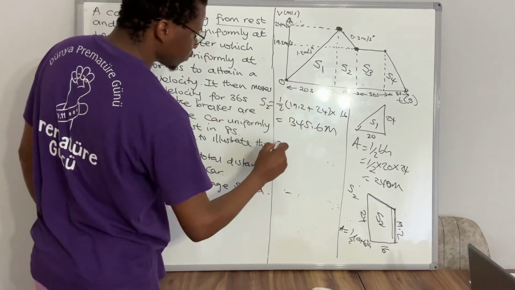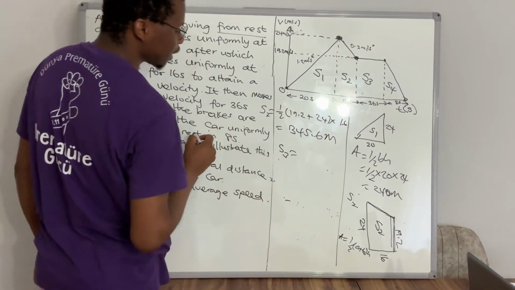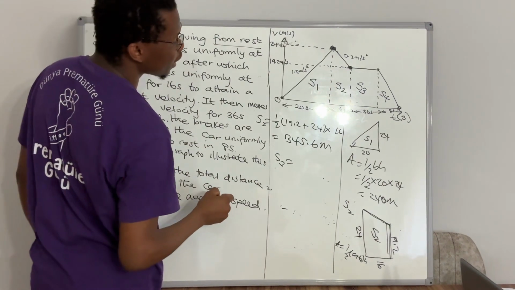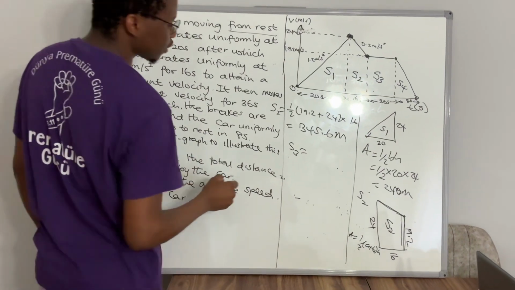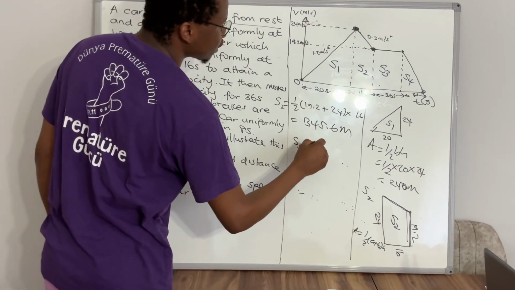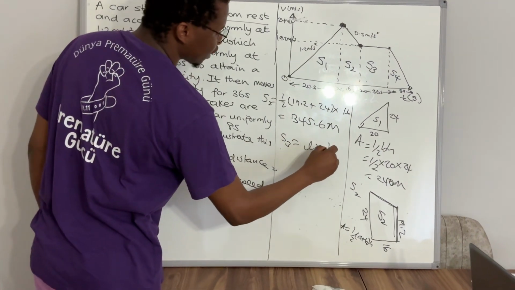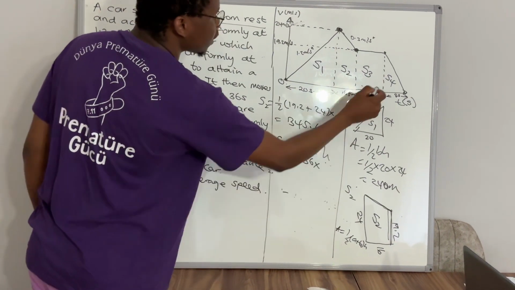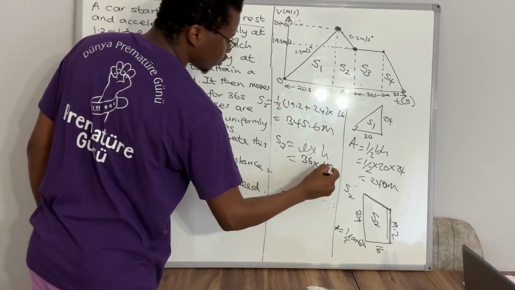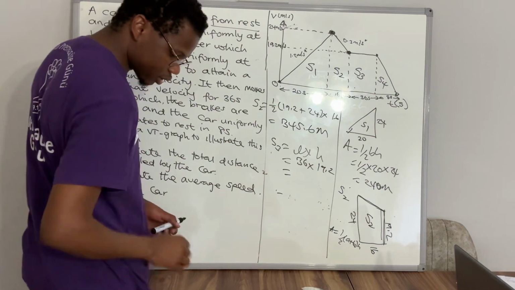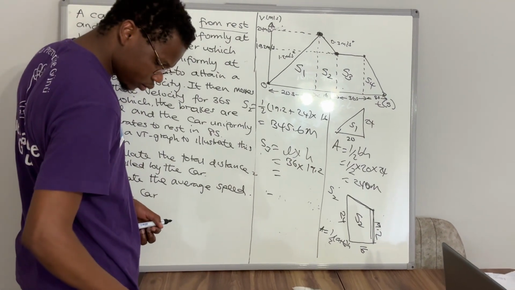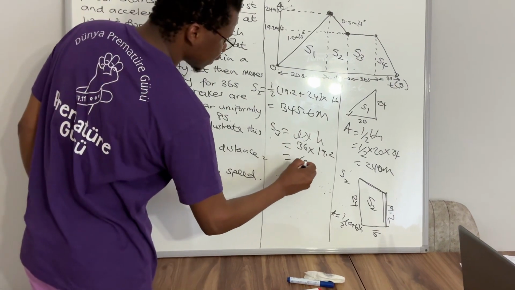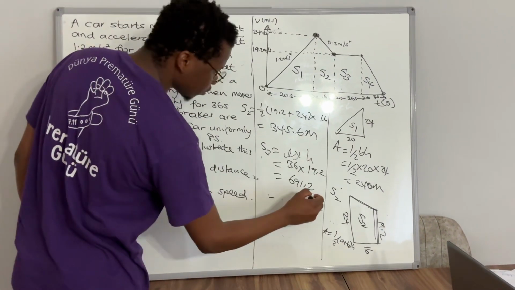So if I move on to calculate S3, what is the shape of S3? It is a rectangle. The area of a rectangle is the length times the height. The length is 36, and the height from here to here is 19.2. So 36 times 19.2, what do we get? 691.2 meters.